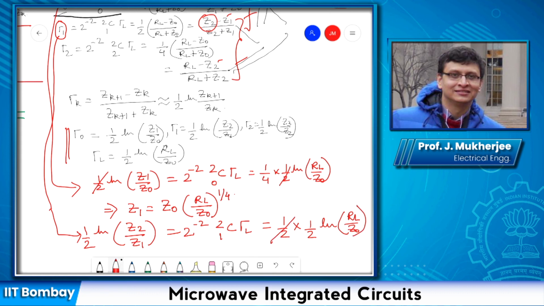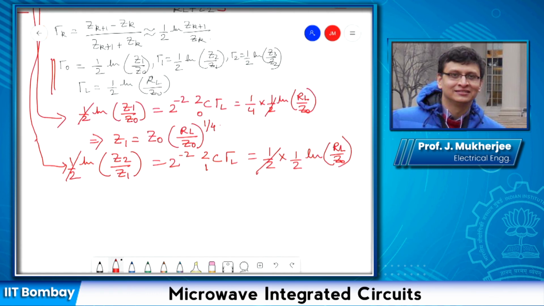Again this half cancels, and we have Z2 equal to Z1 times RL upon Z0 raised to power half. Now from these two equations, we can get the values of Z1 and Z2.